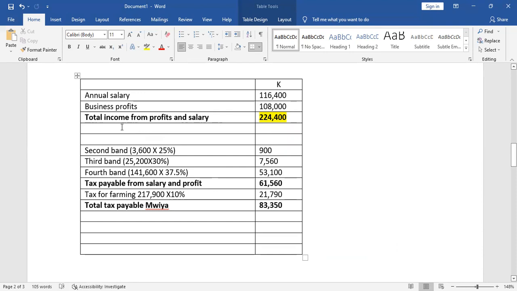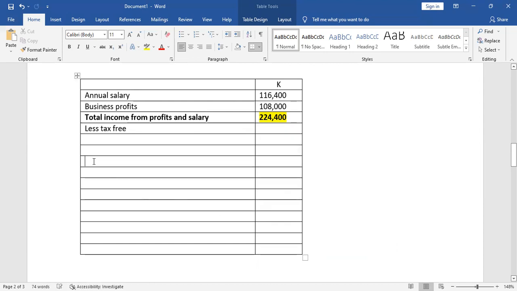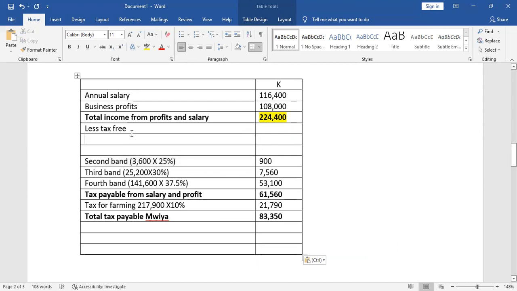Instead, what you do is you say less tax-free amount. The answer will still be the same. Believe me, the answer will still be the same. Less tax-free amount, because it's at 0%, which is the 54,000. It is at 0 tax.